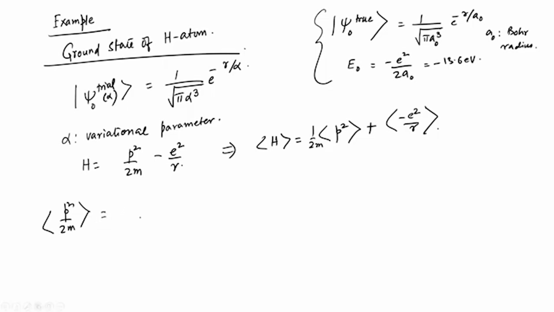We can do that, and this actually looks like, so we use term by term, and there is a 1 over pi alpha cube, minus h bar square over 2m. Remember that this p square is minus h bar square, and then there is a del square, but now this del square has an r term and a theta phi term, and the r term will have to be considered here, because the trial wave function that we have taken does not depend upon theta and phi.